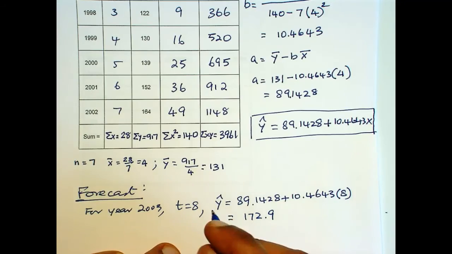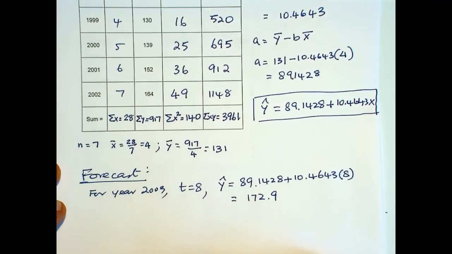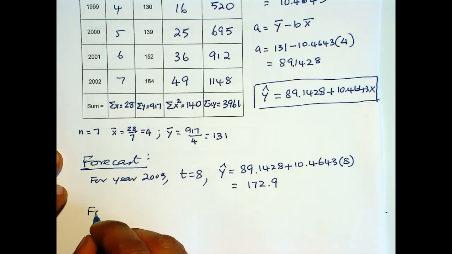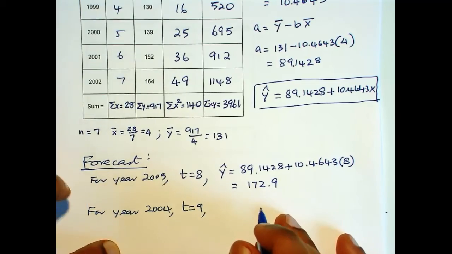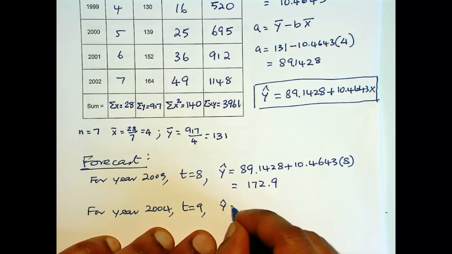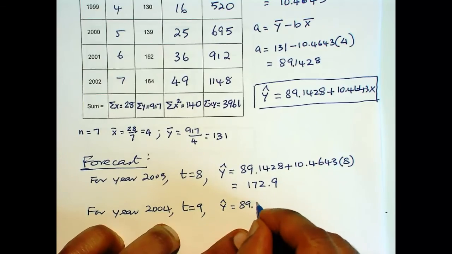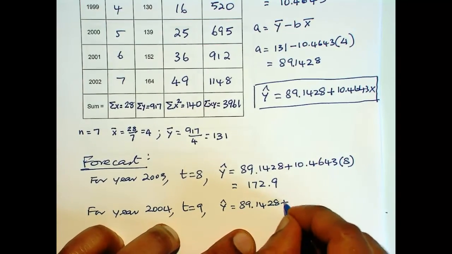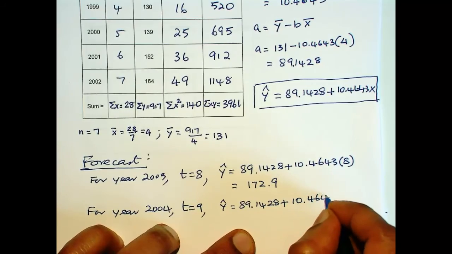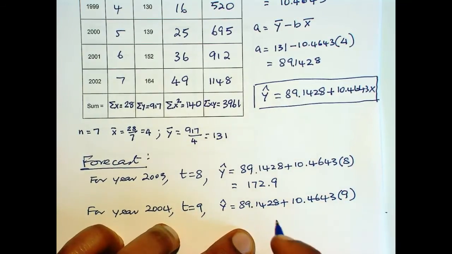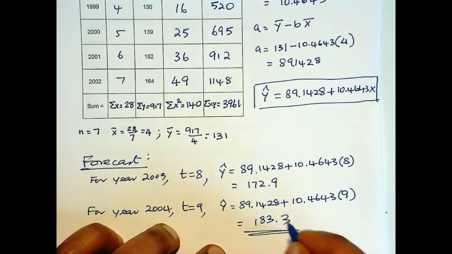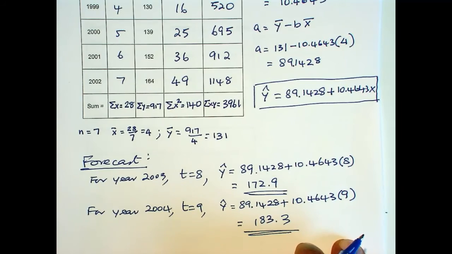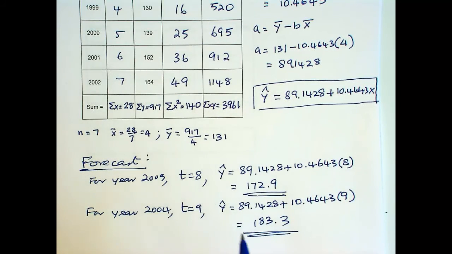So that's forecast for year 2003. For year 2004, t is 9, so y hat is 89.1428 plus 10.4643 times 9, and that will give you 183.3. So these are the forecasts, and this is how you'll use the trend projection equation to find trend forecast.